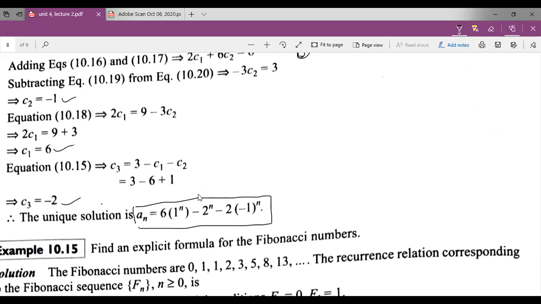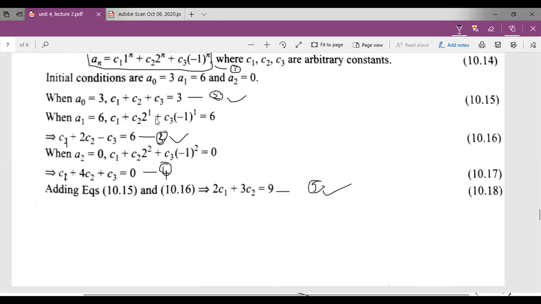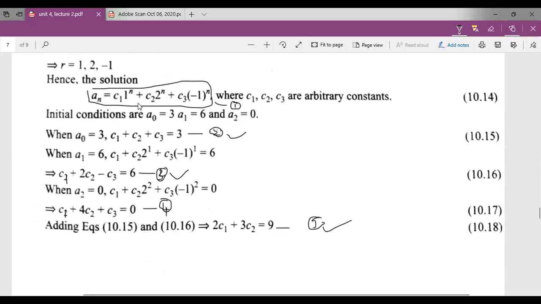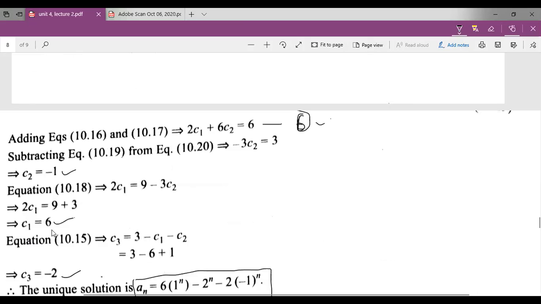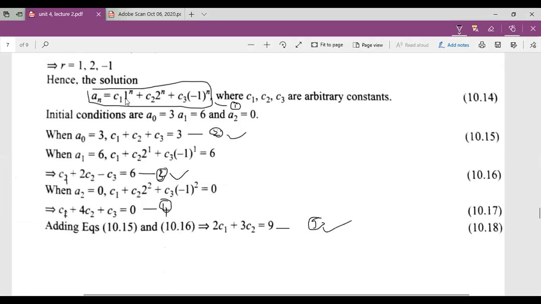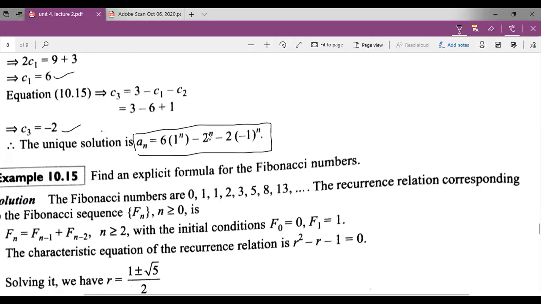Here we substituted the C1, C2, C3 values in the general solution: C1 value is 6, C2 value is minus, and C3 value is minus 2.